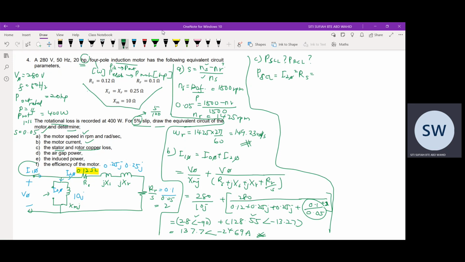Here we only take the magnitude, that is 128.55, because real power has no angle. RS is 0.12, giving 1.983 kilowatt.